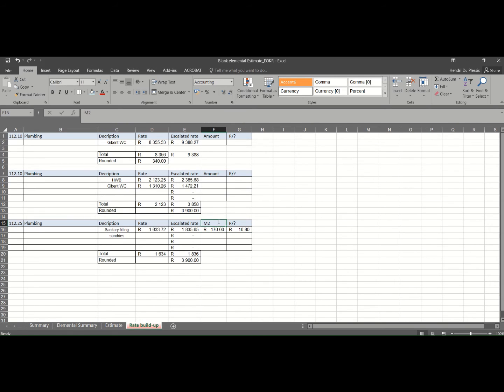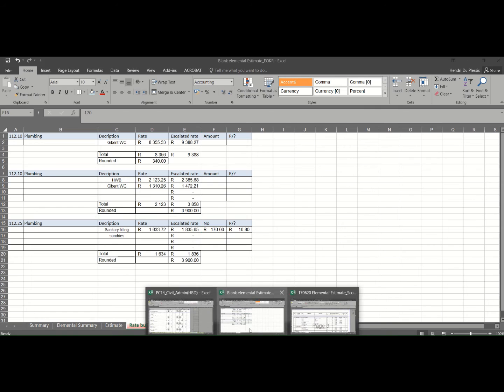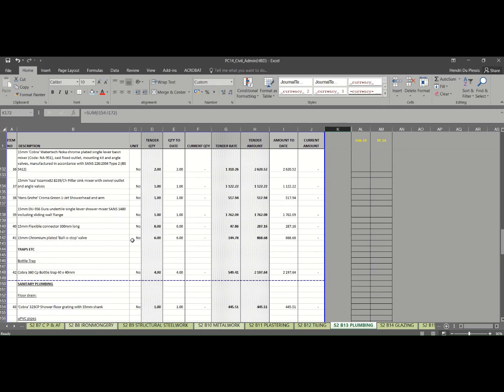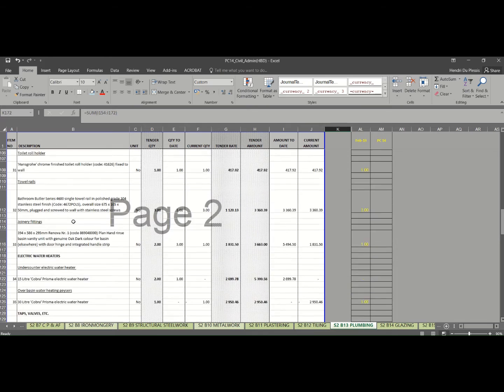Sorry, at the wrong section. So you measure it in number. So what you need to do is then go to your BOQ and you measure the amount of fittings that you've got.